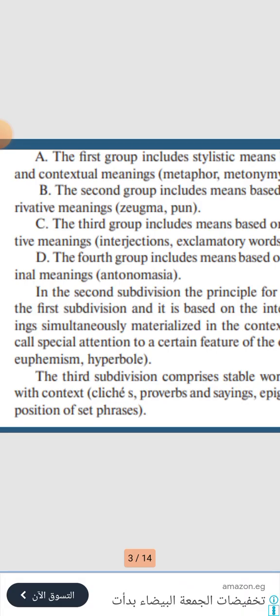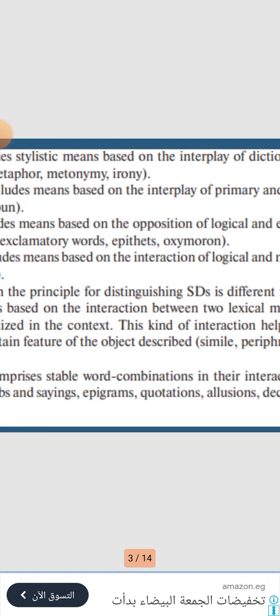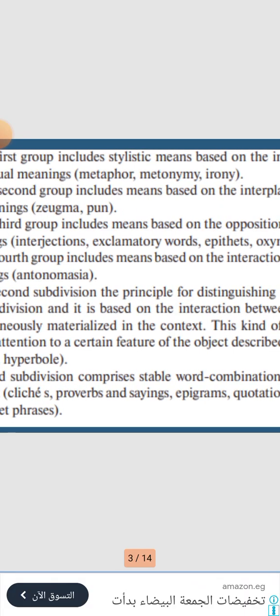They are one, two, three, four groups. You need to look at this subdivision and how they help in making the style of a text more expressive and more clear.